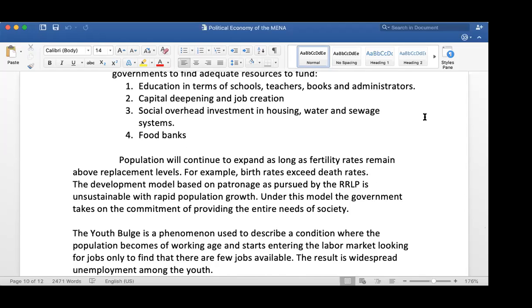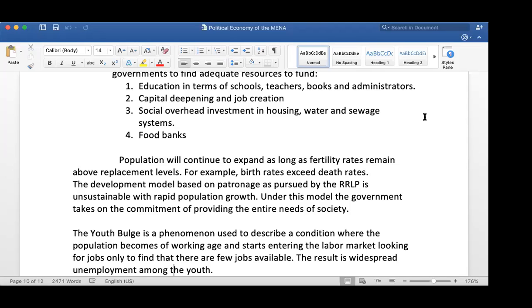So if we look at, for example, just some of the unemployment rates in the MENA region, the book here on page 144 tells you female and male unemployment rates.